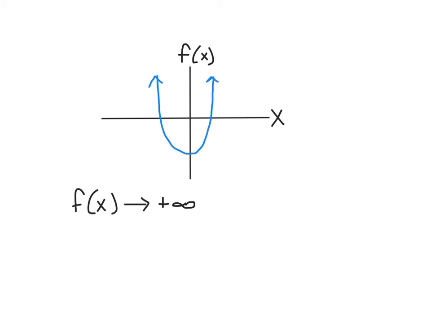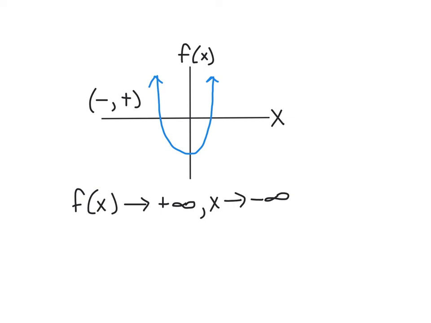If I plot a point here, it will go negative for my x, but positive for my y, or my f of x. So if I'm going towards positive infinity for my f of x, then what's happening to my x values? Well, my x values are going toward negative infinity.